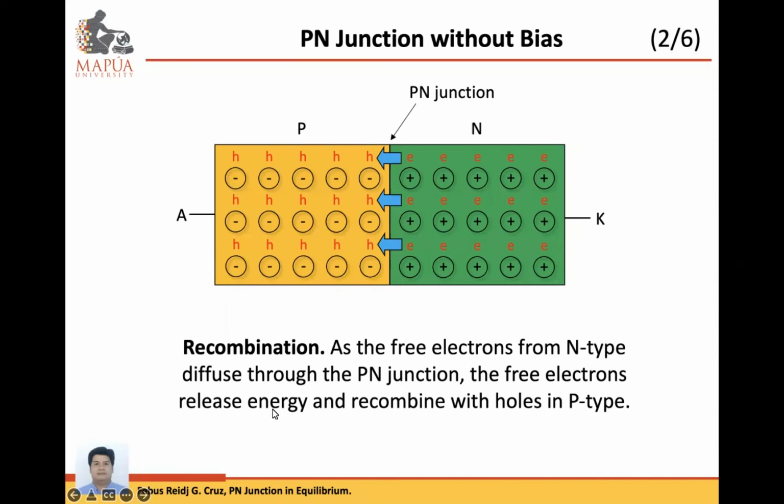Since they are moving, they are consuming kinetic energy, and as they release the energy, they lose it, fall to the valence energy level, and eventually recombine with holes in the p-type. So after the diffusion, the next possibility is the recombination.